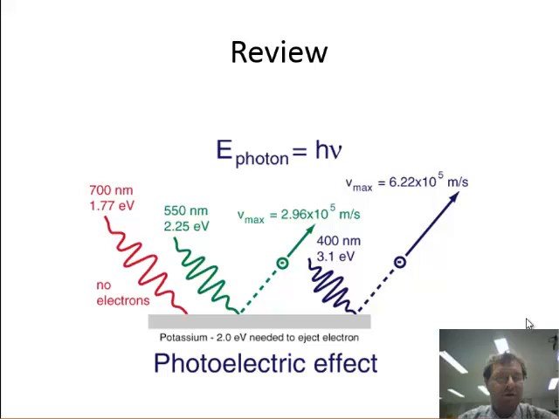So final review. The photoelectric effect told us that light, when it has a frequency which is too low, or wavelength which is too long, remember those two things mean the same thing, then it will cause no electrons to escape.